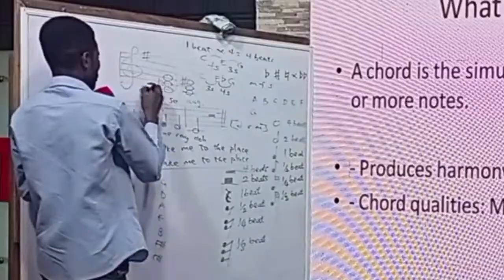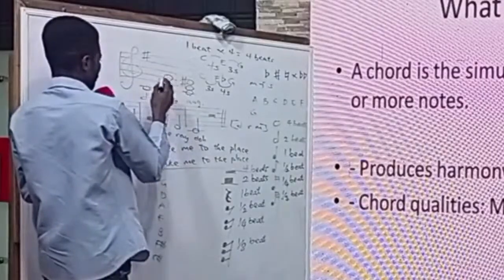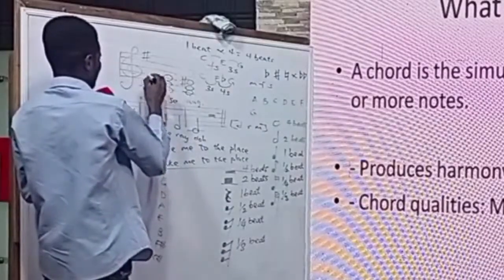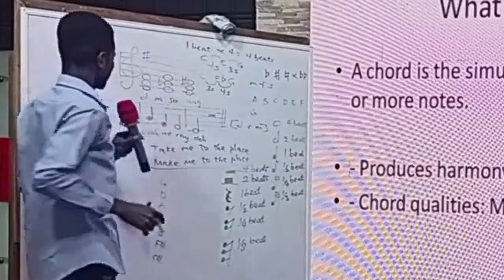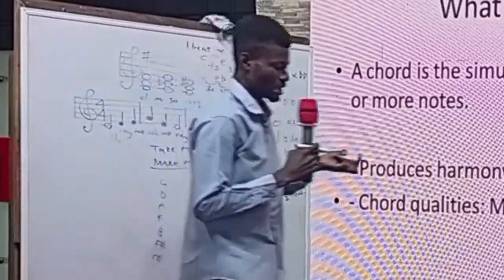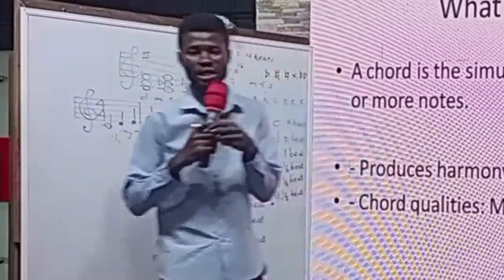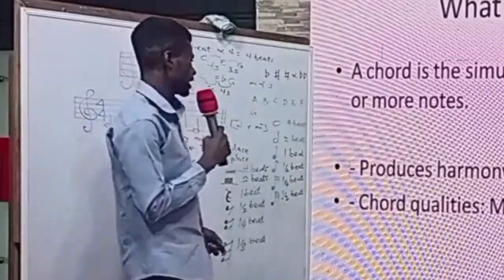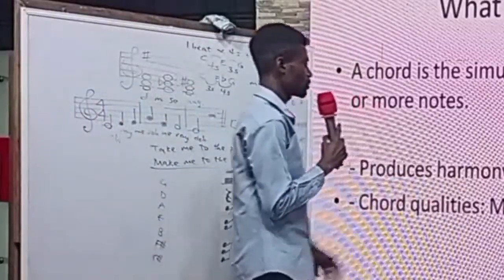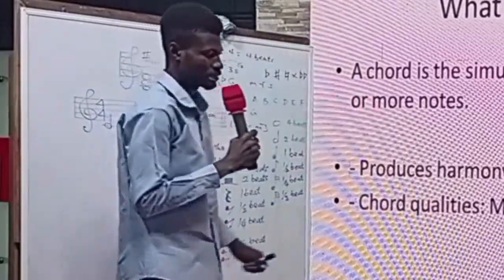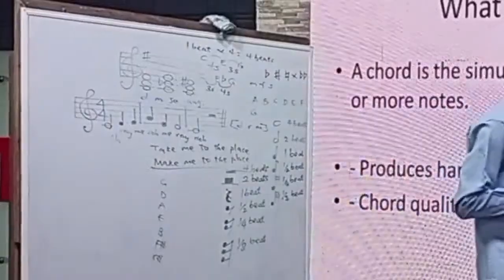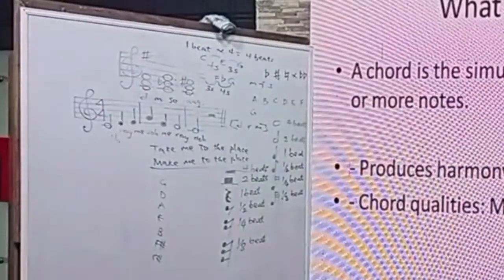An example of a diminished triad is this, Ti, Re, Fa. So we can combine different notes together to form any of these triads: major, minor, and diminished. A triad is a chord of 3 notes.